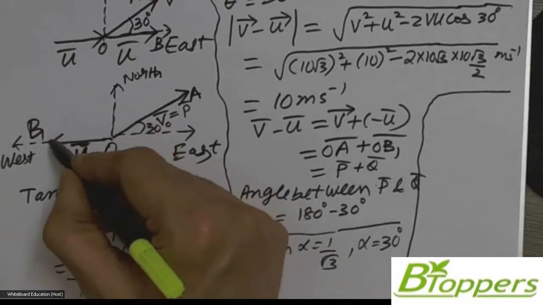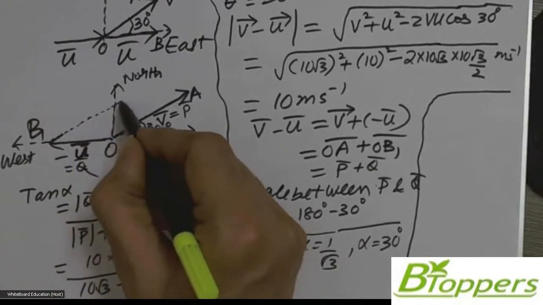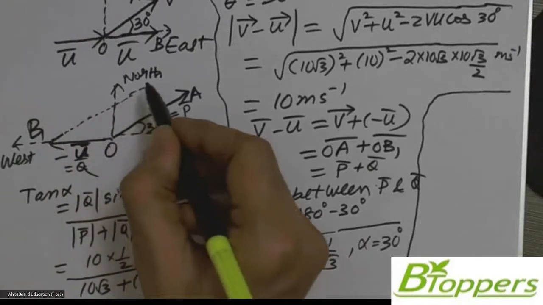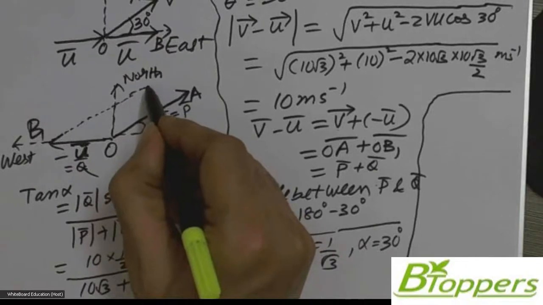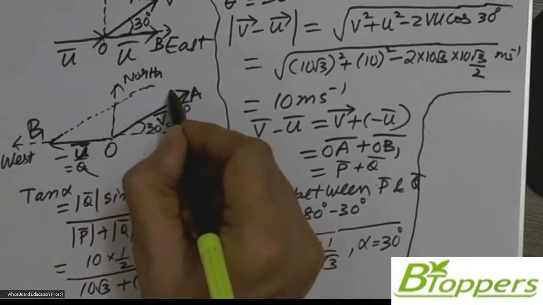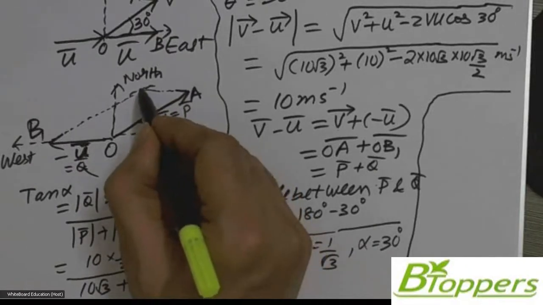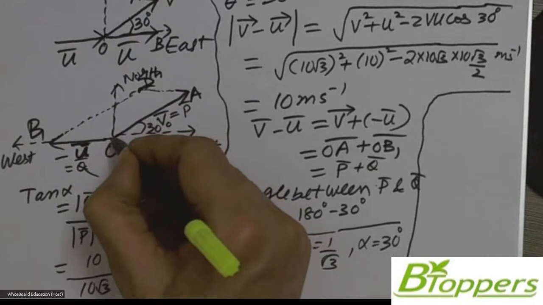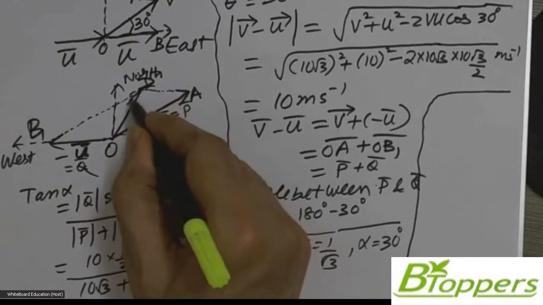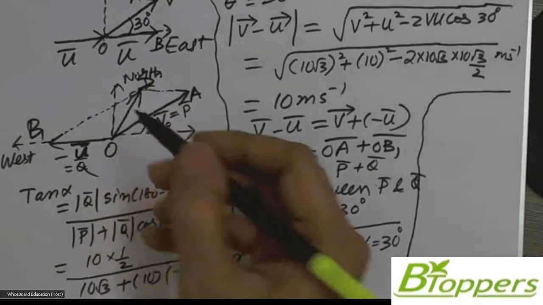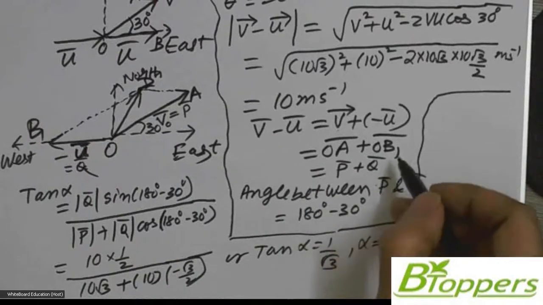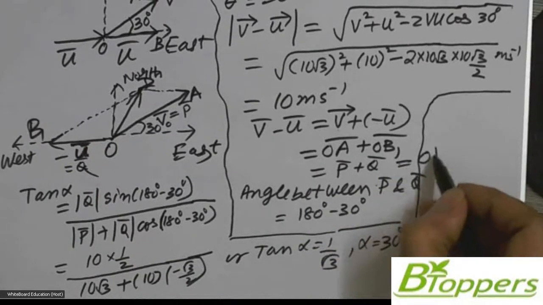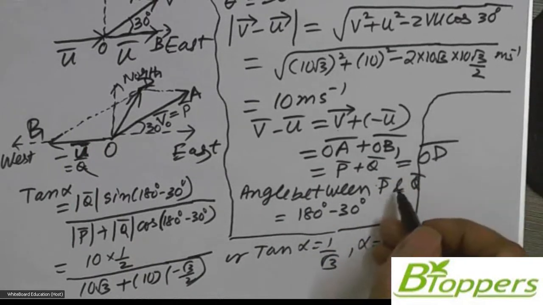So you can complete the parallelogram with the vectors p bar and q bar represented graphically by the adjacent sides. So OADB1 is a parallelogram. So OD bar represents the vector sum of p bar and q bar.